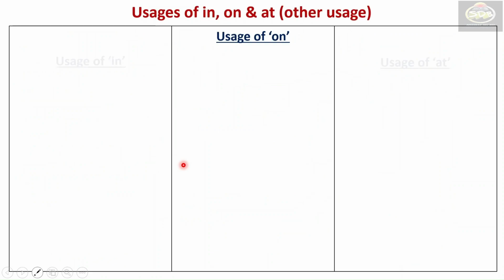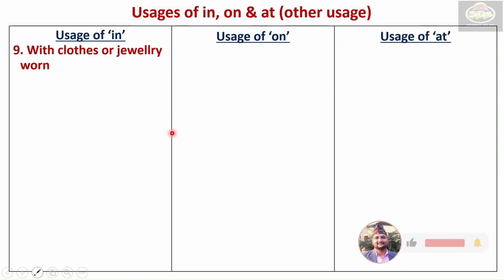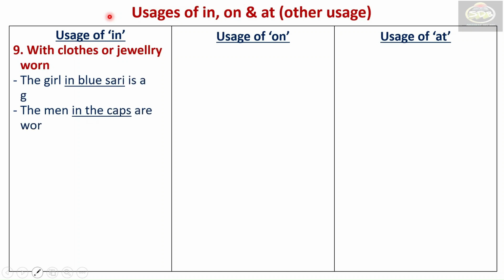Another rule: with clothes or jewelry we use in. Clothes or jewelry worn on our body. Example: the girl in blue sari is a great dancer. The girl in blue sari means the girl wearing a blue sari is a great dancer.